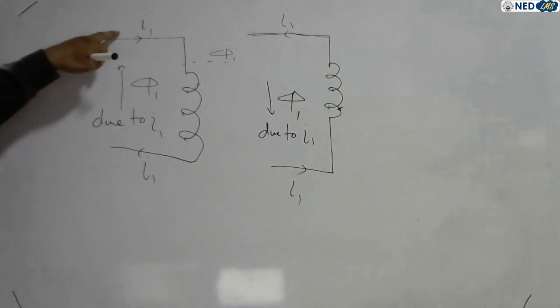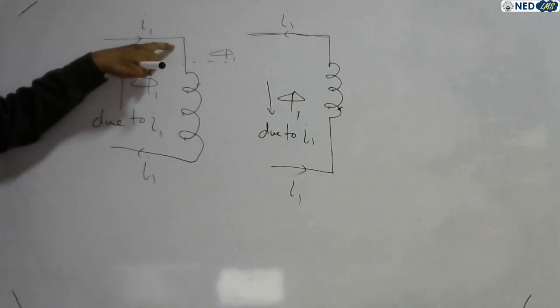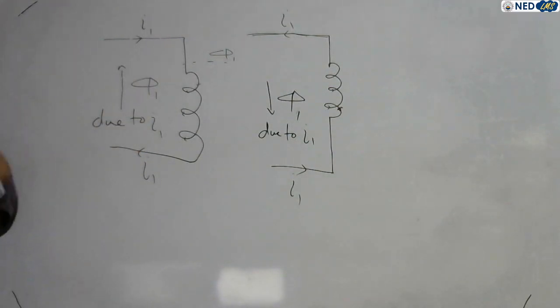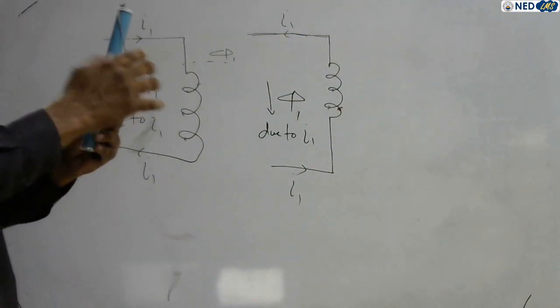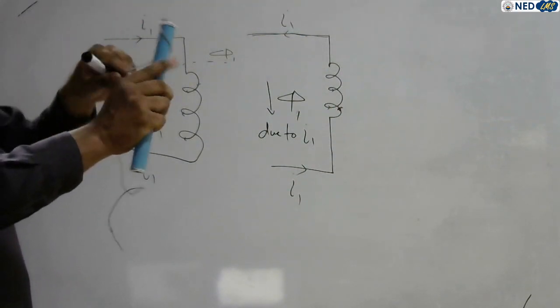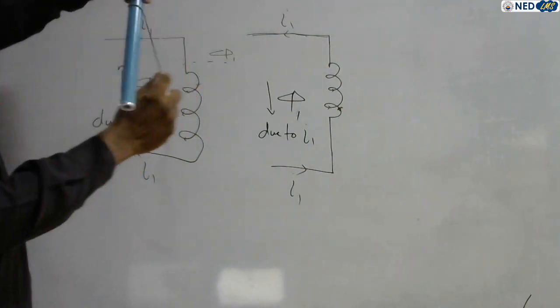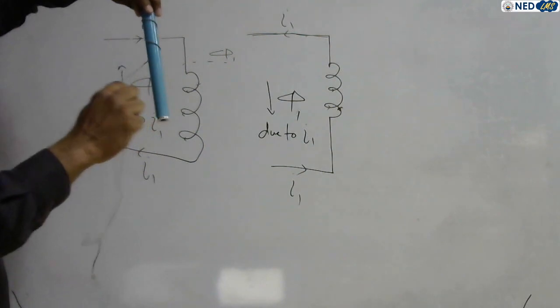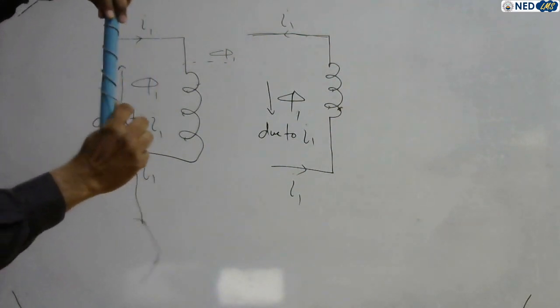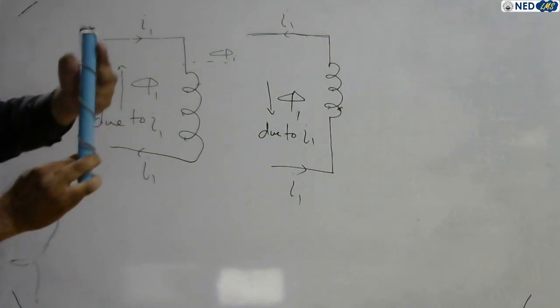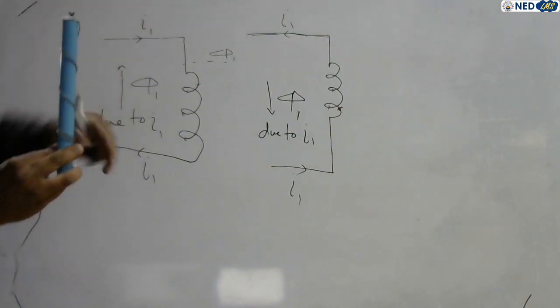The current comes from the top of the coil and flows downwards in the coil. We take this as a core and we wound the core. This one is winding, and the current flows from top to bottom.